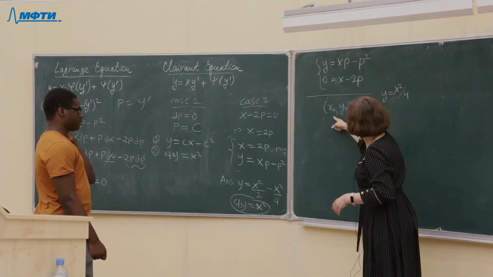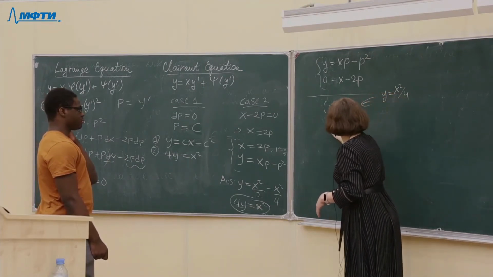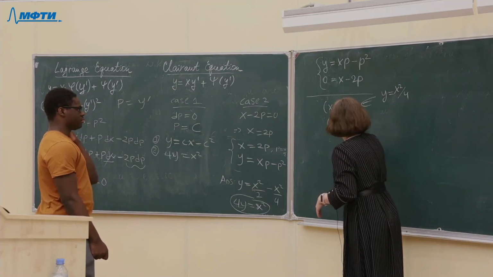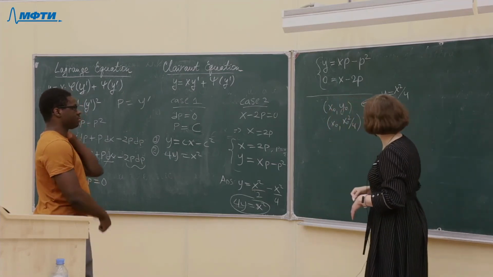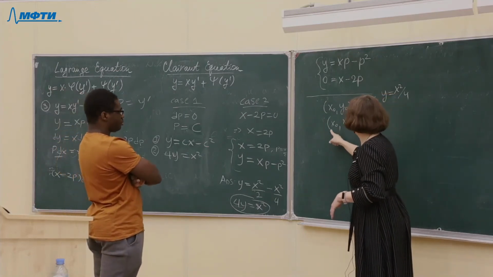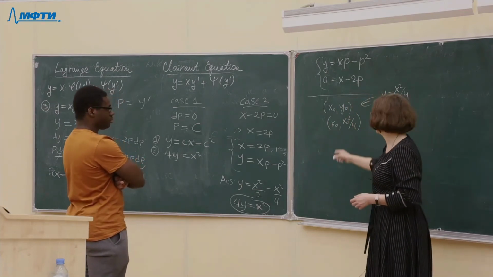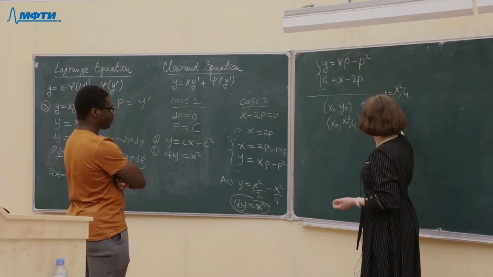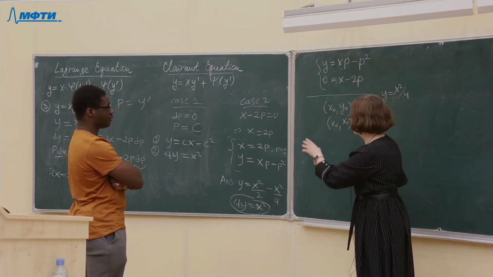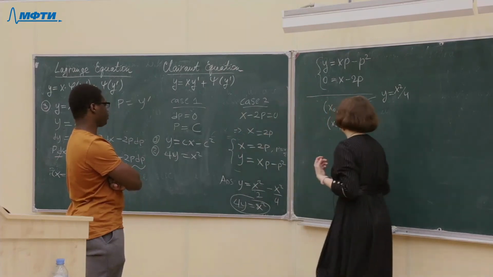This means it has coordinates x0 and x0 squared over 4. We should show that there are at least two curves passing through this point. One is this, and the second is a curve from this general family.